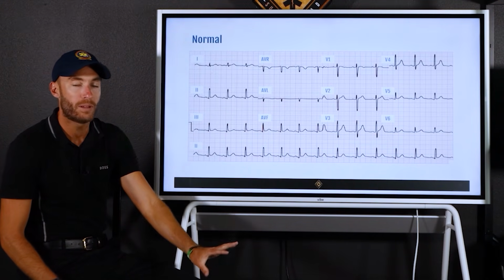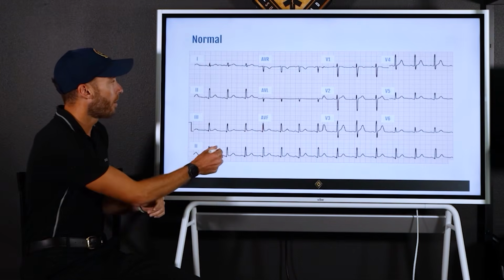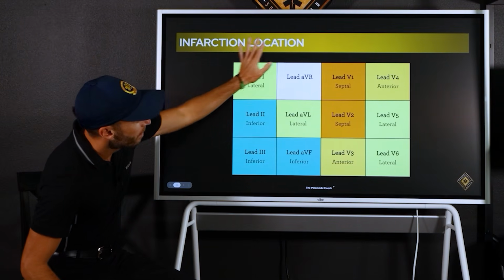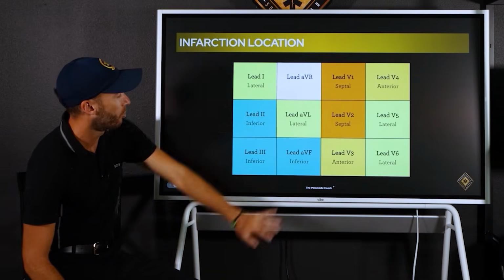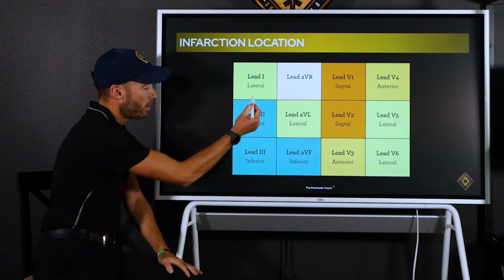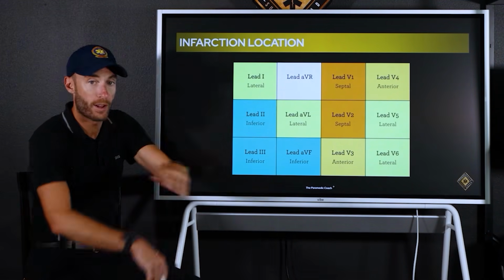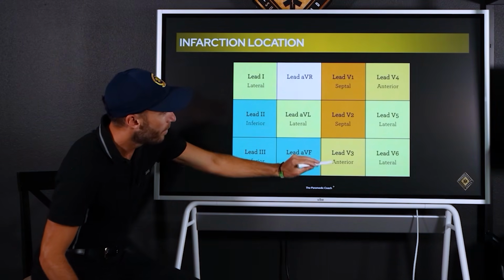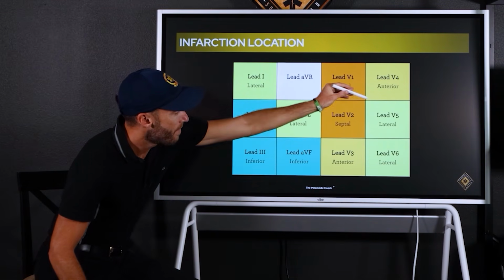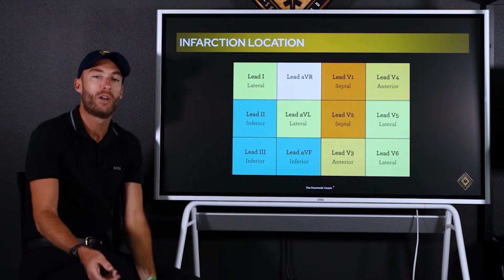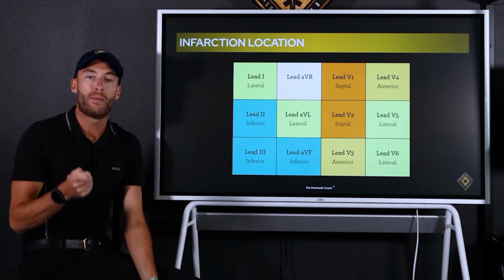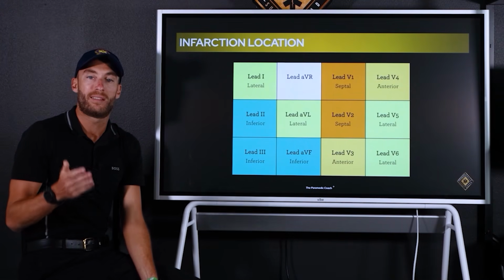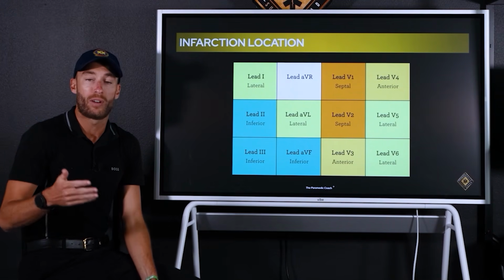So now we know our players. Let's talk a little more. These are all our infarction locations: lateral, inferior, no friends AVR, saving you for advanced land, V1, V2 septal, V3, V4 anterior, V5, V6 lateral. Remember, folks, the National Registry Paramedic exam is not trying to see if you're an advanced cardiologist.